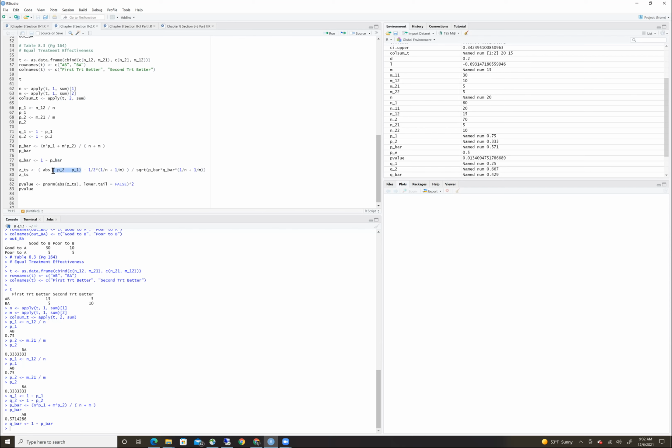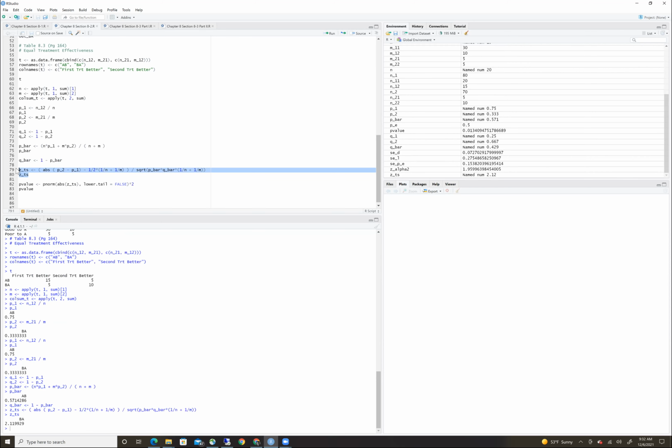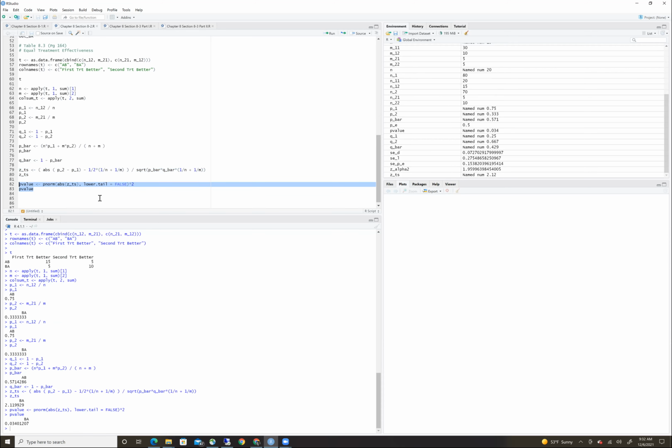Here we take the difference of P2 and P1, we subtract off the continuity correction, and then we divide by the standard error. So we get our test statistic, which is 2.11, and our p-value of a two-sided test would be 0.034.